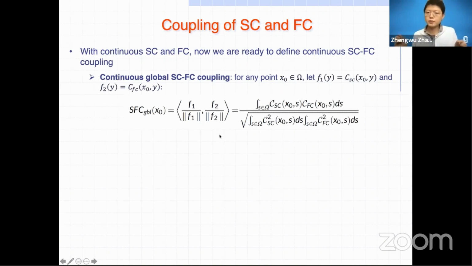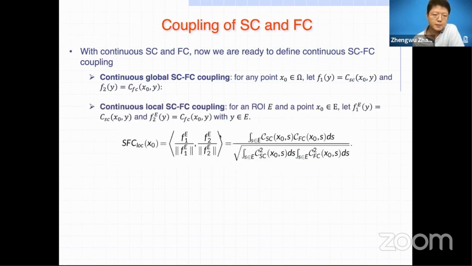This is similar to the correlation of the functional and structural connectivity. We can also define local coupling: basically restrict your connectivity to a local region, and this still gives you a continuous function on the sphere.